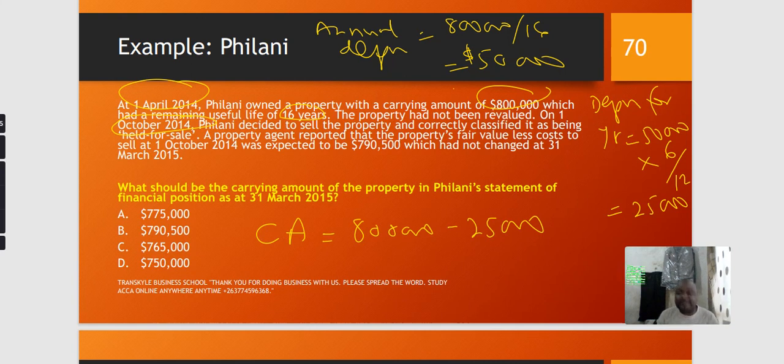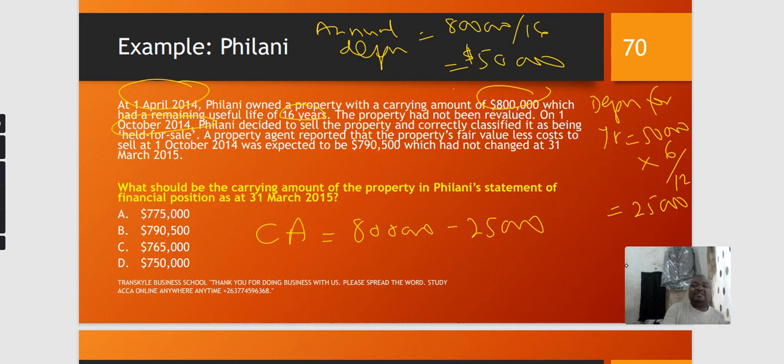Otherwise, you will score a zero. If you start to think these ACCA questions are similar, you end up failing. You need to understand the question. Accountants should have the skill of being attentive to detail.